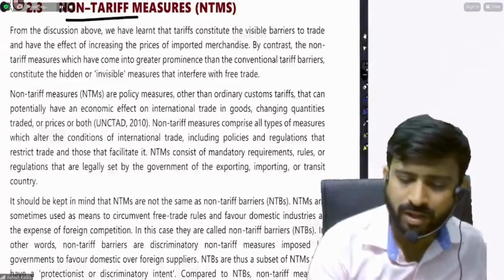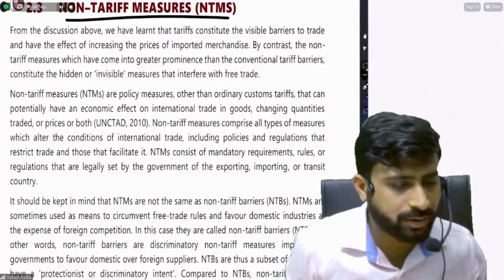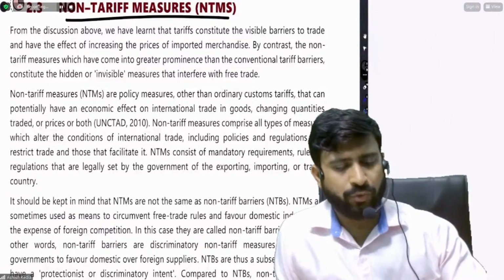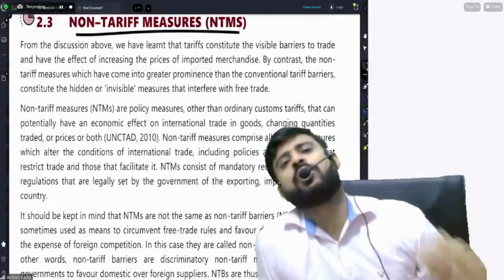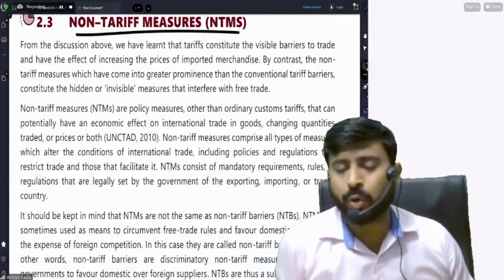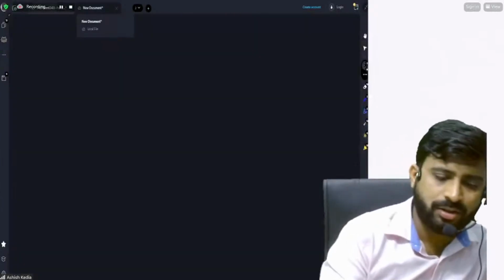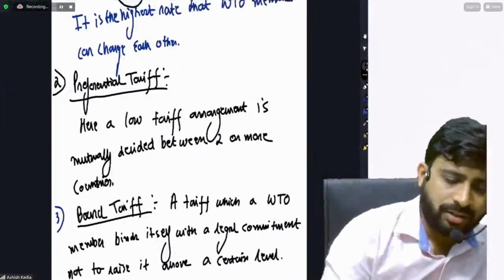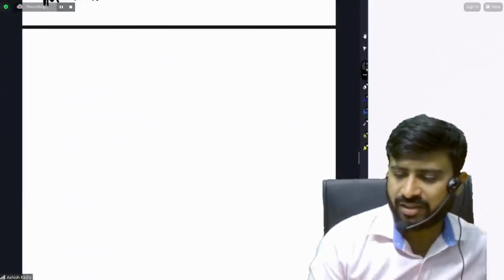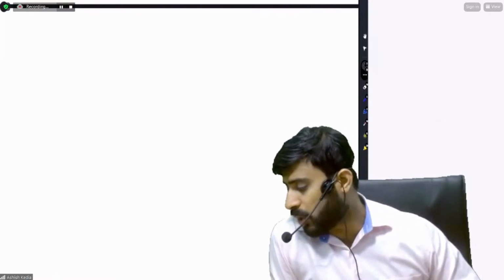Non-tariff measures. So friends, anything other than tariff that affects export or import is called a non-tariff measure. The name is very indicative in the sense that it is conveying its meaning. Non-tariff measure means anything apart from tariff that is able to affect the import-export decision between two countries.